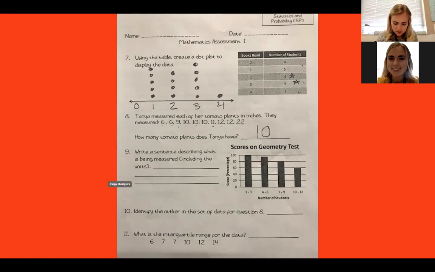Next question, write a sentence describing what is being measured, including the units. So we have number of students and score as percentage. So you could say the graph shows student scores on a geometry test, and their scores are measured by their percentage.